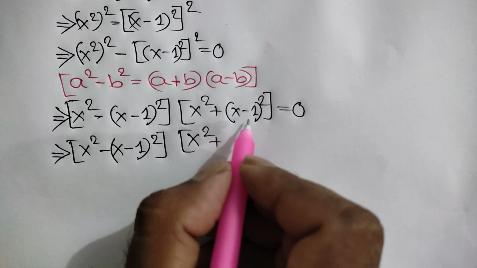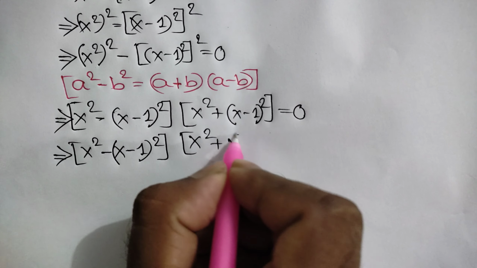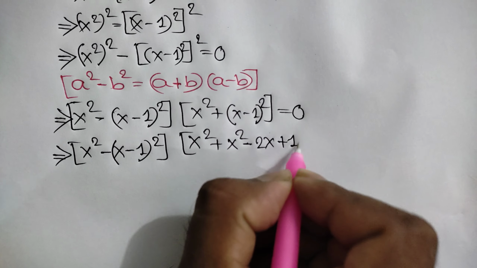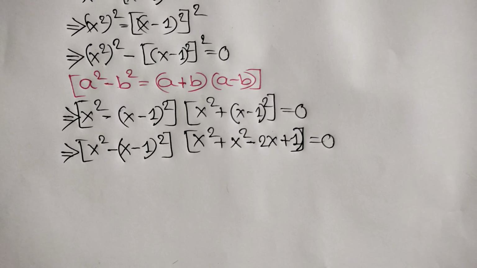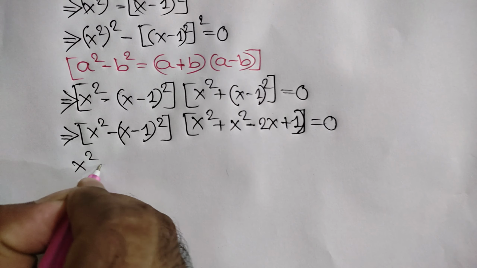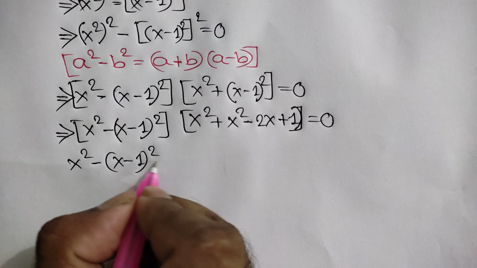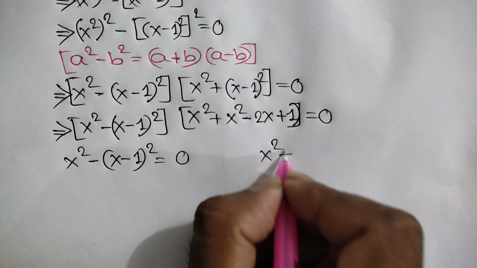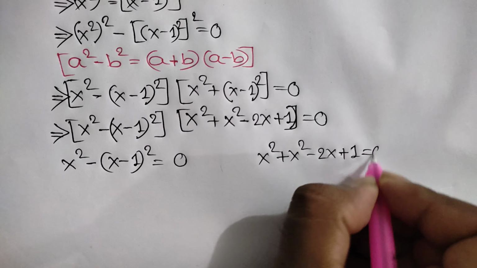x² plus, here we can use another algebraic identity, so we can write x² minus 2x plus 1 is equal to 0. Then from here we have two factors: x² minus (x − 1)² is equal to 0, and x² plus x² minus 2x plus 1 is equal to 0.